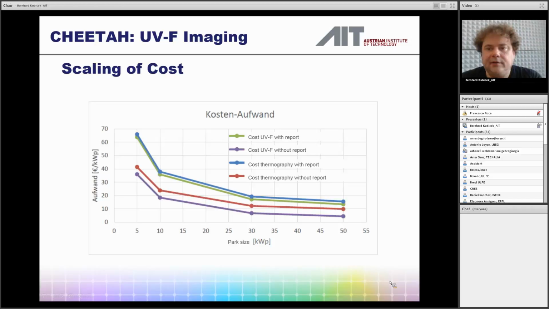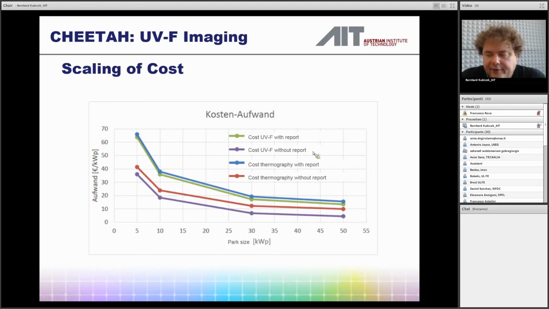And we come then to this graph in the next slide, where we have the park size in kilowatt peak on the x-axis, and on the y-axis the typical cost of investigating this park per kilowatt peak. So of course, if the plant gets bigger, you save some cost, but then again you have to work longer.